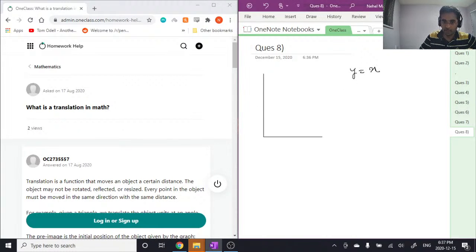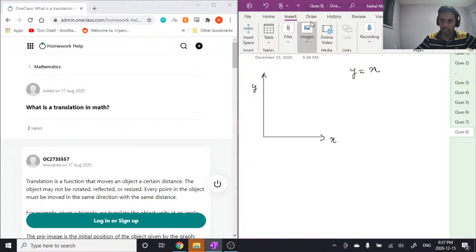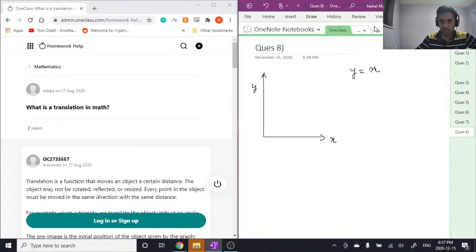Okay, so you'll be familiar with drawing this function. You would have a straight line passing through the origin, making a 45-degree angle with the x and the y axis. So our function would look something like this.